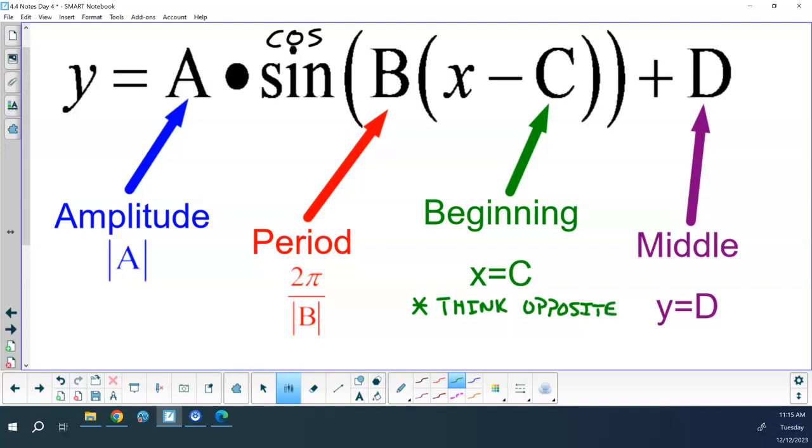So if it's minus pi over 2 in there, you're actually starting at positive pi over 2. You've got to think oppositely of what you see, because in mathematics it's actually inside double sets of parentheses. Okay? And so this C gives you where your curve starts horizontally. That's what the C value does, and you have to think opposite.